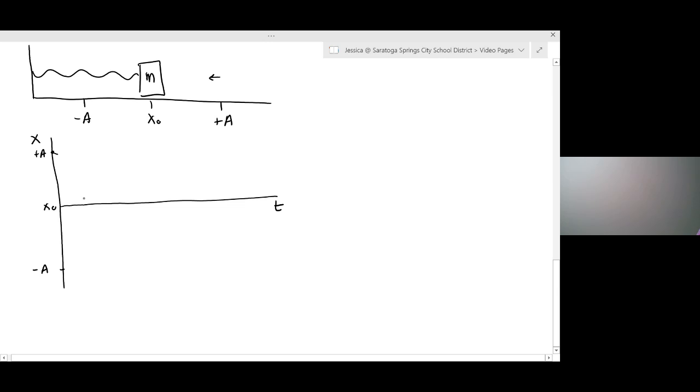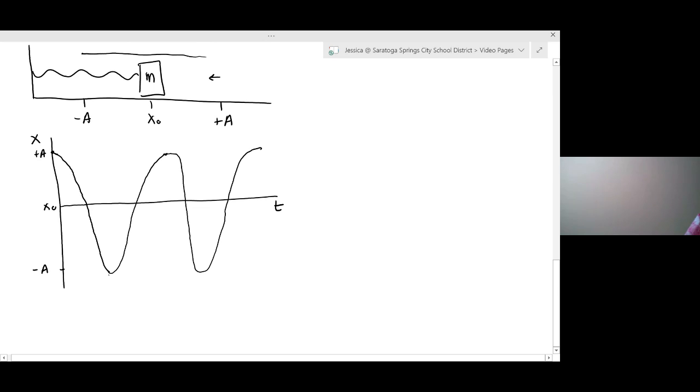And then at some point we pass through equilibrium, and then we reach negative A. Then we turn around, and we start moving forward again, this time to the right, which is the positive direction, all the way back to positive A. Okay? And then this is kind of the trademark of simple harmonic motion, this repeating back and forth, back and forth. Okay? Now, you may recognize this as a probably poorly drawn cosine curve.